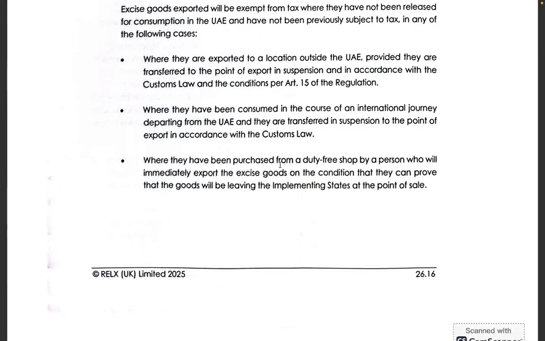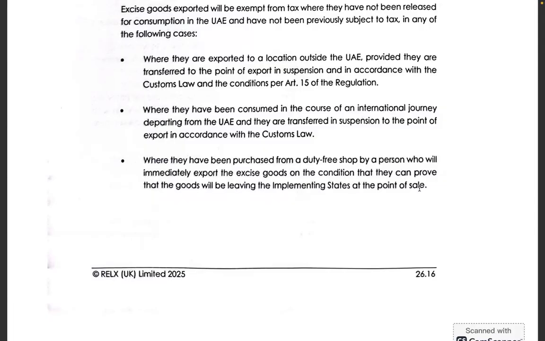Where they have been purchased from a duty-free shop by a person who will immediately export the excise goods, on the condition that they can prove that the goods will be leaving the implementing states at the point of sale.